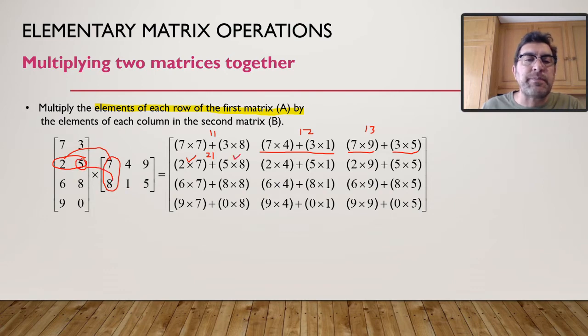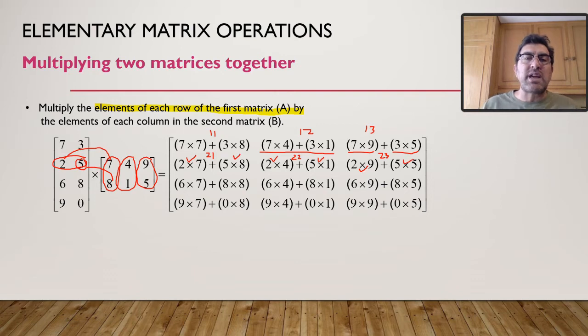For the second entry, it is row 2, column 2, so 2 times 4 plus 5 times 1. The third one I will use 9, 5, so row 2, column 3: 2 times 9 plus 5 times 5.